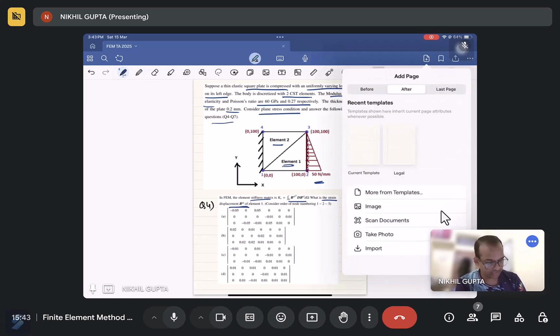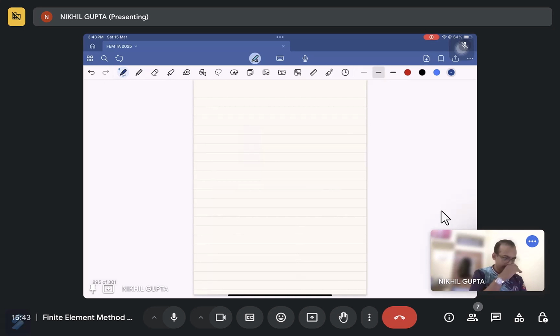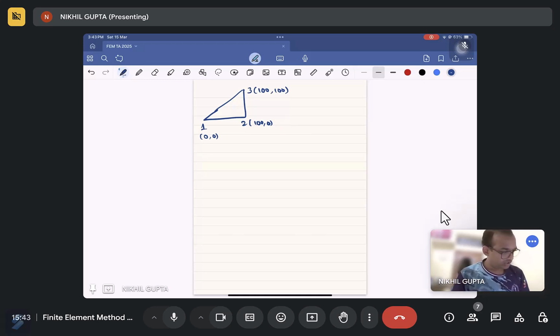Okay, let us start solving the question. The element is like this. Node 1 is 0 comma 0, node 2 is 100 comma 0, the third is 100 comma 100. So this is element number 1. Now we can say the total degrees of freedom are 6.